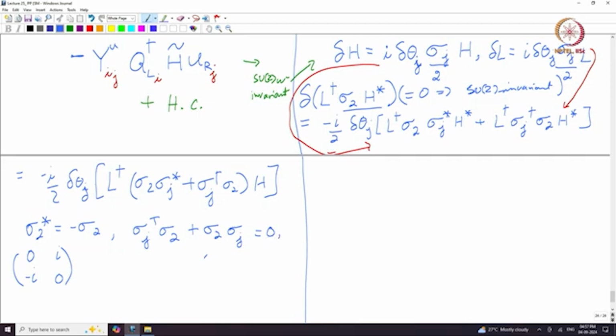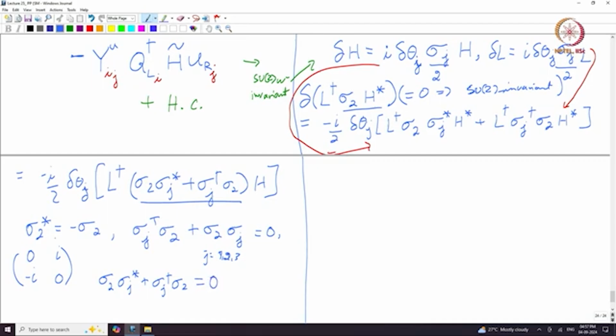For any Pauli matrix, okay, this is true. You can go check this. It's very easy to check this. Okay. So, if I make use of these, you will notice that this term, right, sigma 2 sigma j star plus sigma j dagger sigma 2 is always 0.